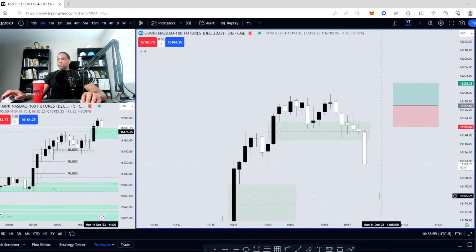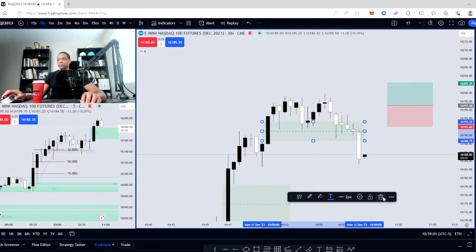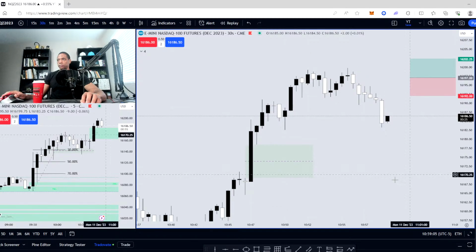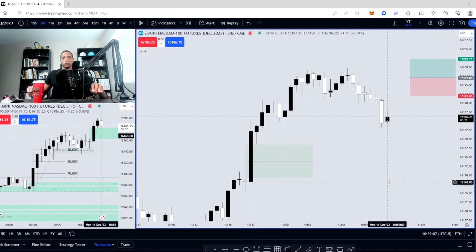Right, let's remove this. Let's get rid of the fair value gap. And let's sit back and watch and see if price wants lower prices or if it wants to continue.